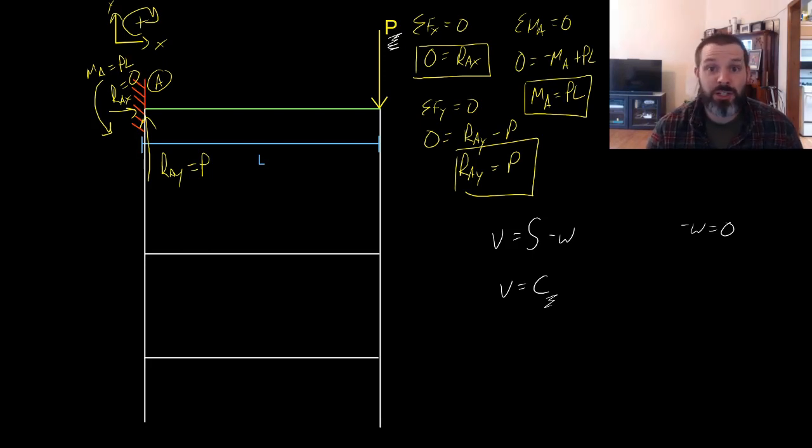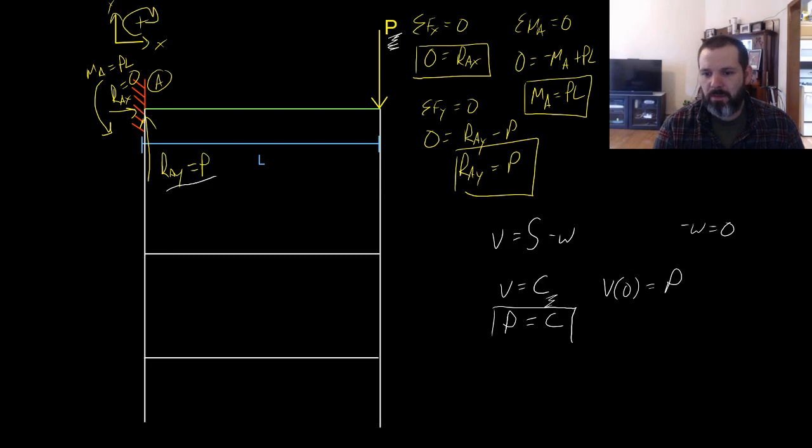Our boundary conditions are applied by our supports. So at 0, we know that the shear force has to be equal to the reaction RAY, which equals P. So we can say V of 0 has to equal P, so that P equals C. If we know P equals C, our shear force has to equal P.